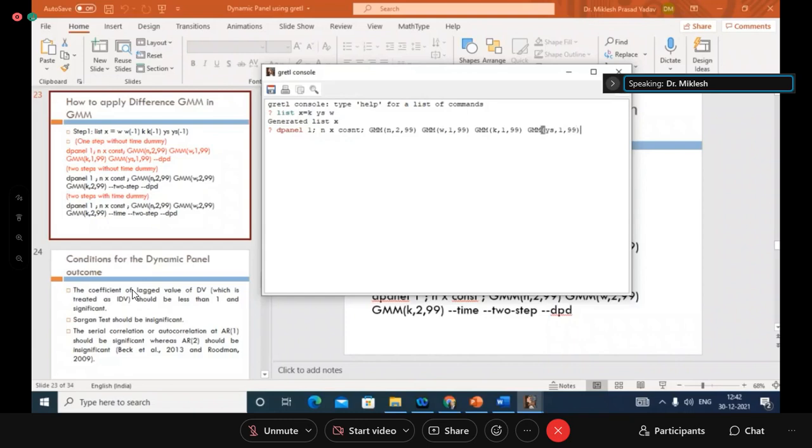And then we write double space DPD. Enter.